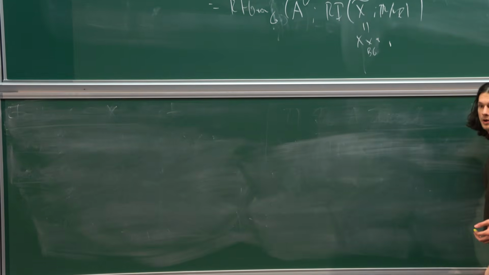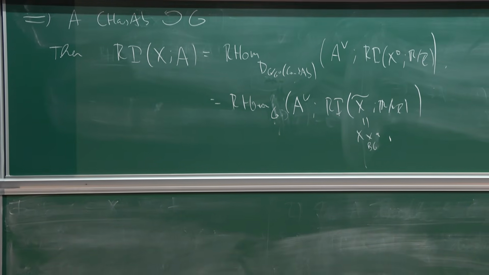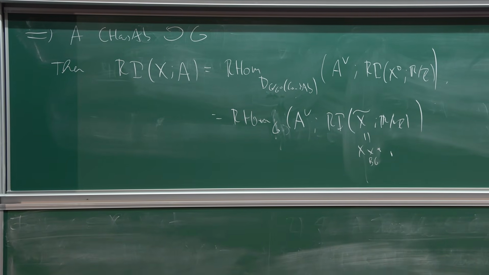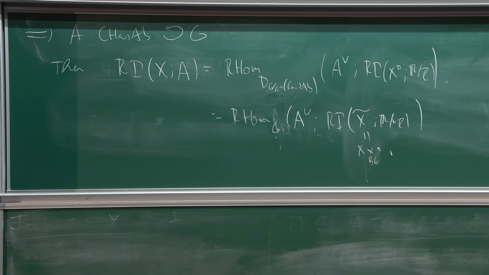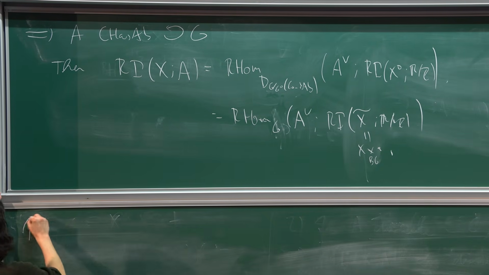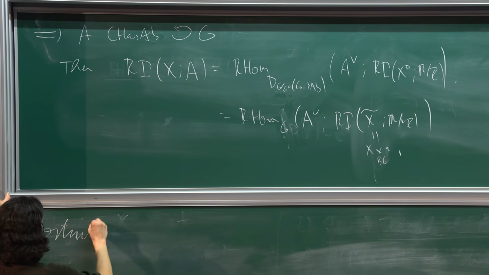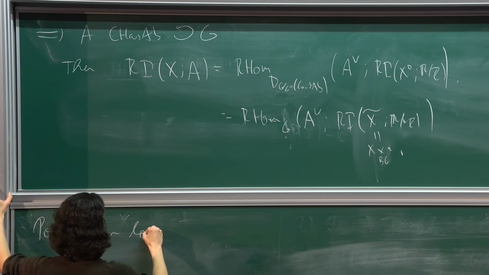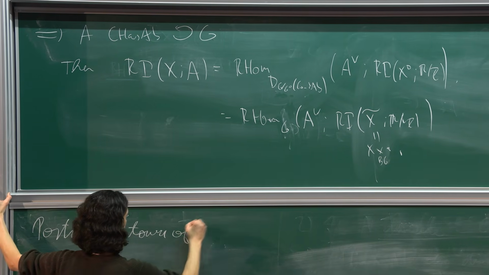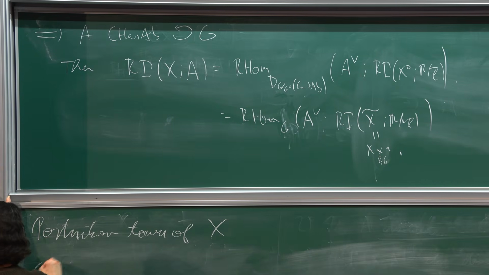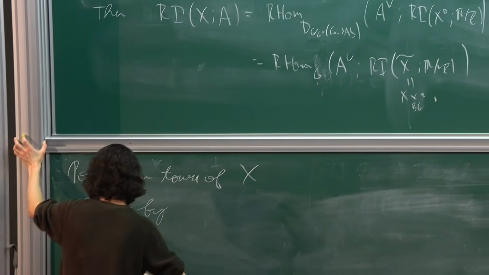It was used that all local systems with coefficients in compact Hausdorff abelian groups on F0 are trivial. Okay, so this means that the Postnikov tower of X is classified by... So how does it work in general?